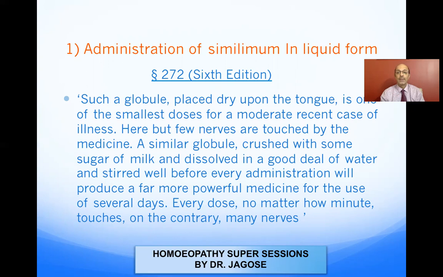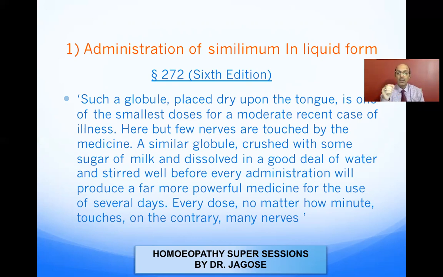So it tells you that if you take a dry globule and place it on top of your tongue, in a case of a moderate, recent illness, naturally that globule will only touch a small amount of nerves, or a few nerves will be touched by the medicine.